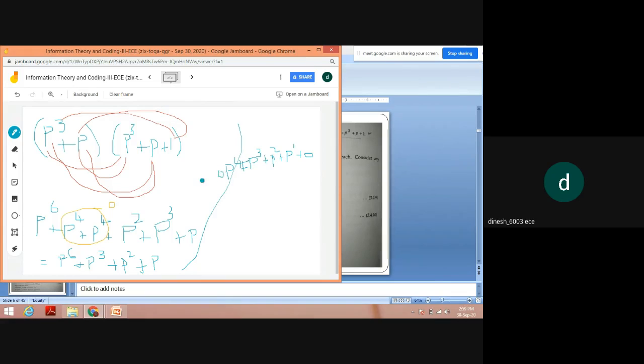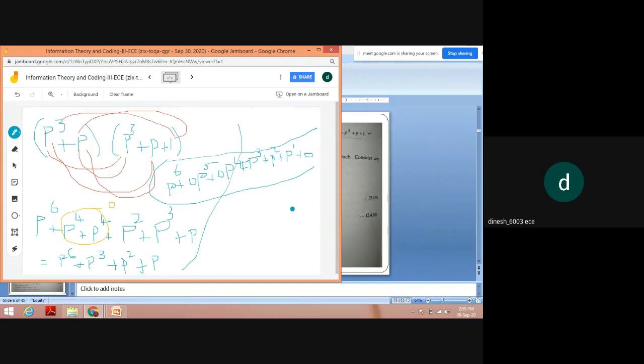So 0 into P power 4 plus P power 5 with 0, P power 6. So this would be your polynomial, this is your polynomial of X of P.